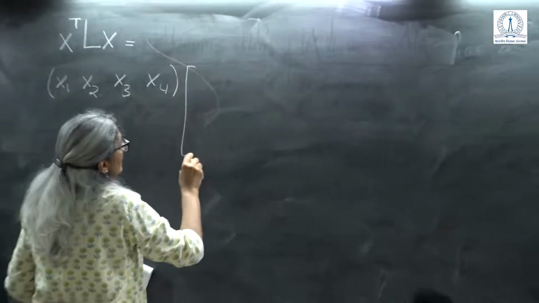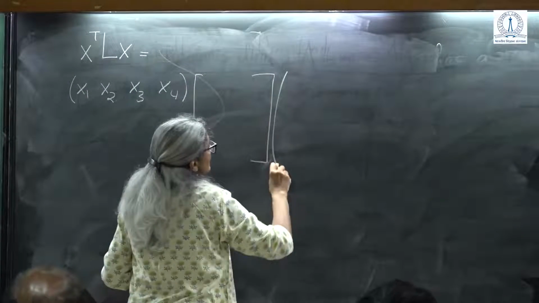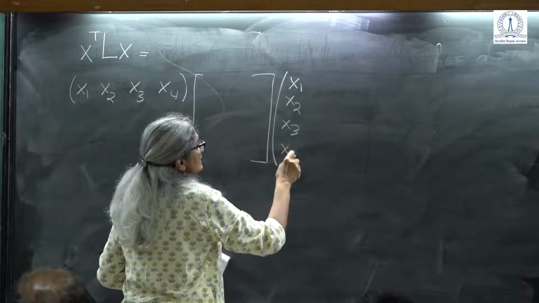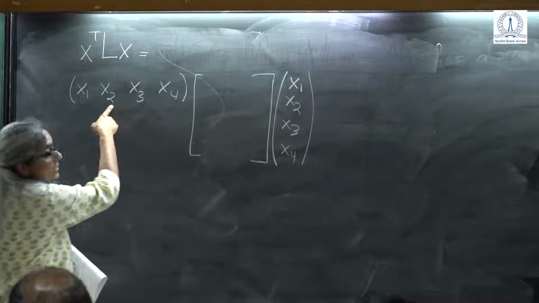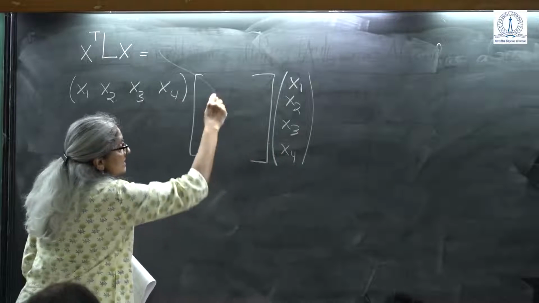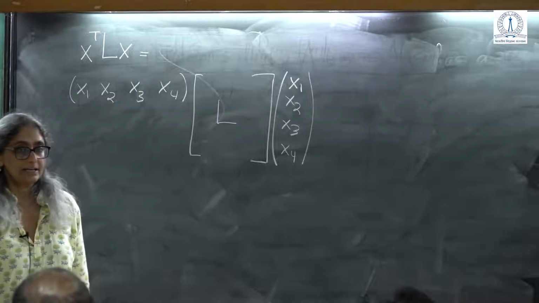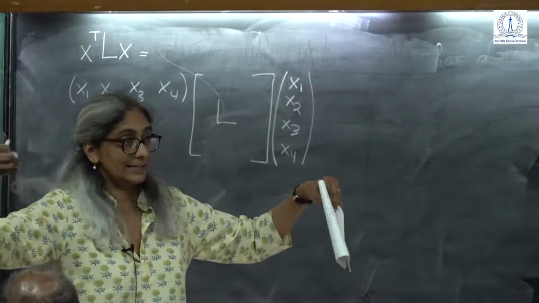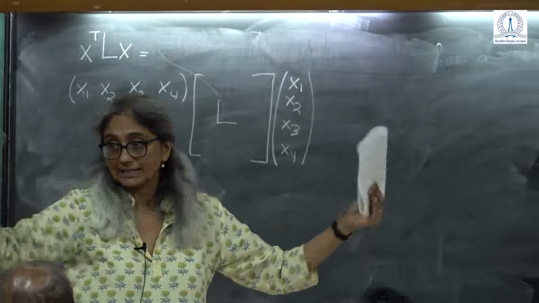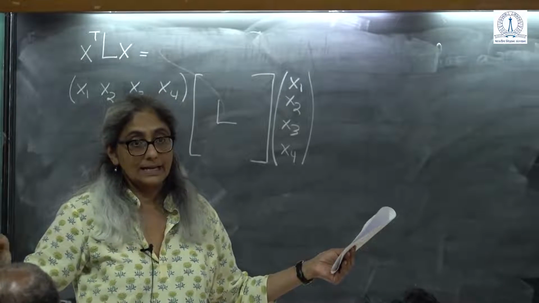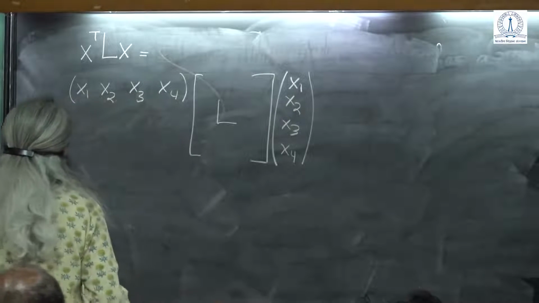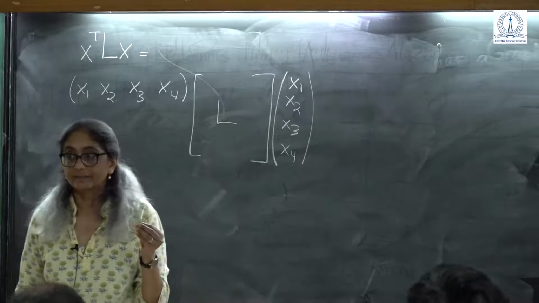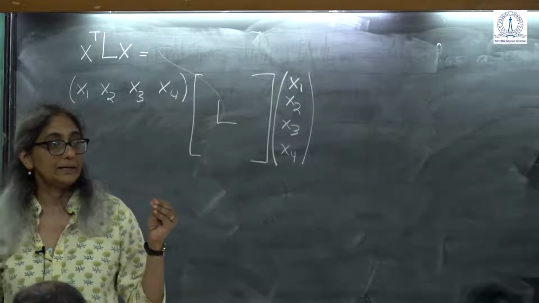Then you put the Laplacian here, and then you multiply on the other side with the same vector. This is the transpose, this is the real vector, this is the Laplacian. When you finish multiplying this, you will get a quadratic function in the x's. Do you agree? Because x's are not numbers, they're variables. So when I finish multiplying, these x's will multiply against those x's and give you something quadratic. It's called the quadratic form.